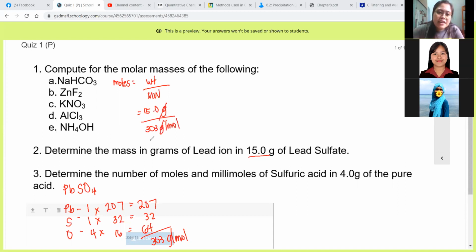So makancel ang grams, you will be left with the mole. So 15.0 over 303 is 0.04950. Pwede po siya, continuous. So pwede na siya mole diretso.